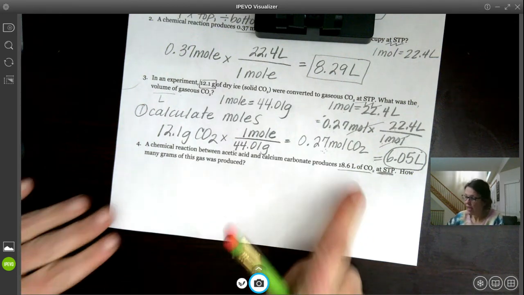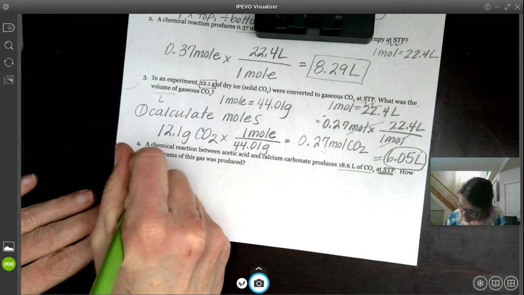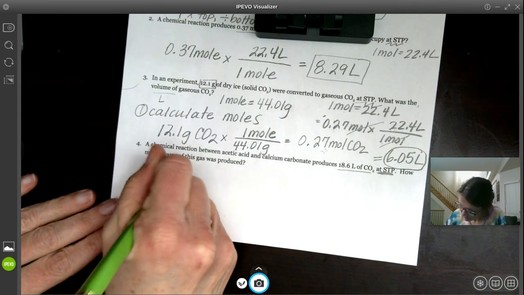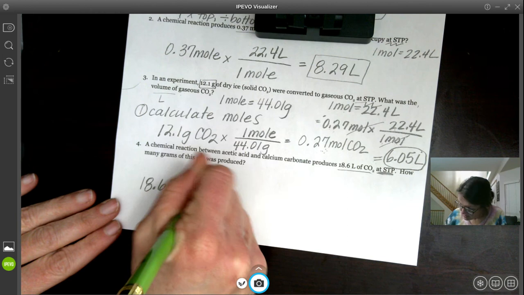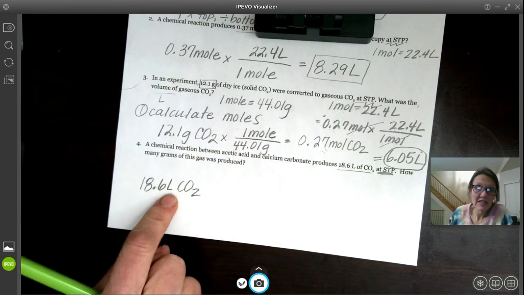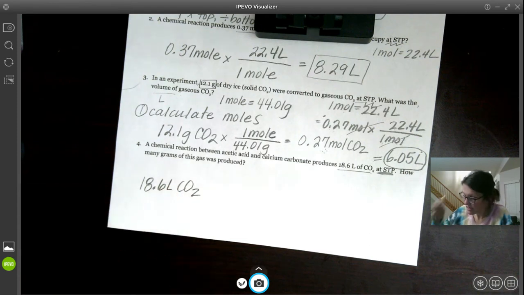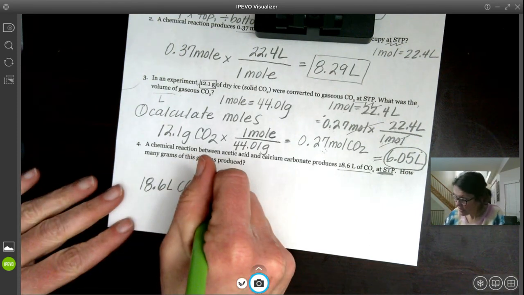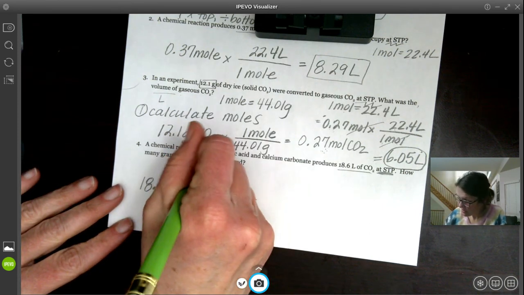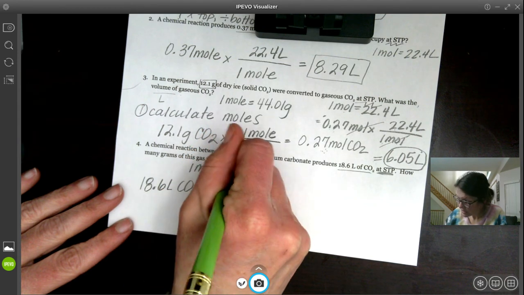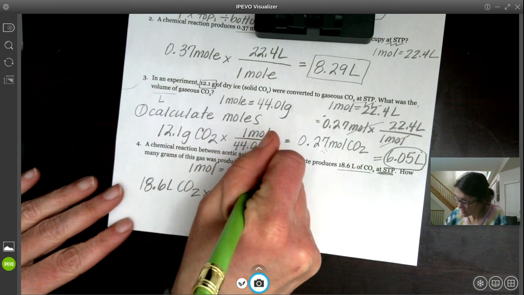Okay, so as always, we're going to start with our 18.6 liters, our number in the problem. And in order to find grams of this, I have to start by finding the moles. So I'm going to calculate the moles here. To do that, I'm going to use the conversion fact that 1 mole is equal to 22.4 liters.